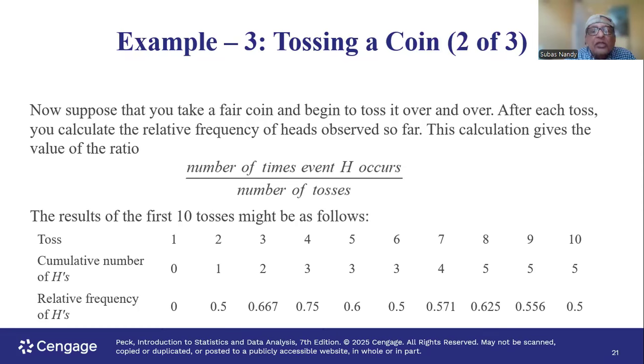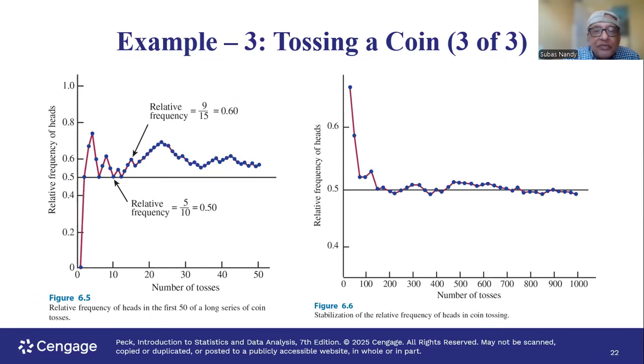They're showing that the proportion of heads will vary all over the place, starting from 0, and it might take a while to stabilize to 0.5. Ideally, you would want 50% head, 50% tail, so the relative frequency of head should be 0.5. But as you see from the last row, focus on these numbers: 0.667, 0.75, 0.6, 0.5, 0.571. You can say they're all over the place, not really exactly 0.5 except in a few cases.